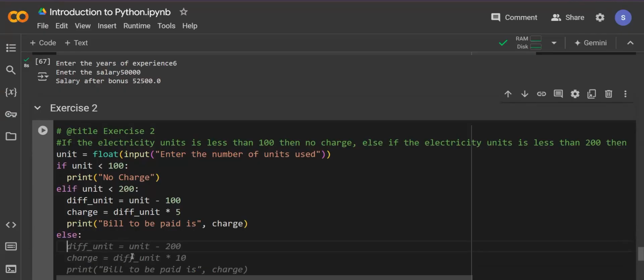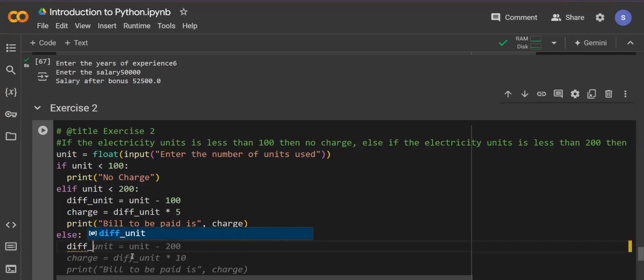Next up to 200 it is rupees 5 per unit. So imagine we are sitting at 201 units. For this 201 unit, we are multiplying by 10. But from 100 to 199, there is a charge also that we have to multiply by 5. So let us understand how to do this.